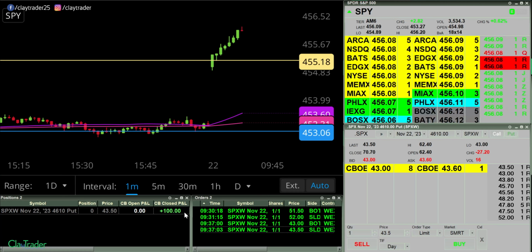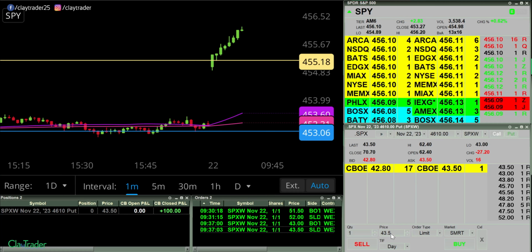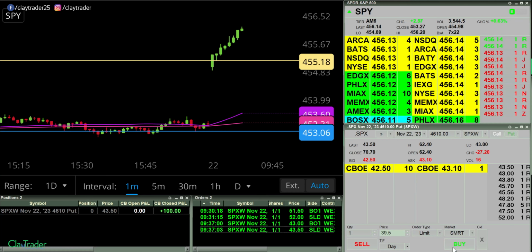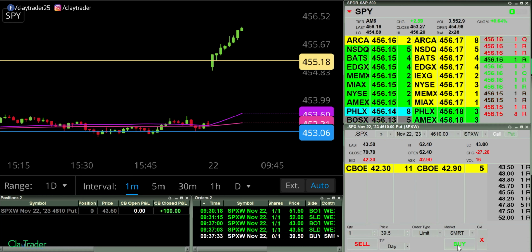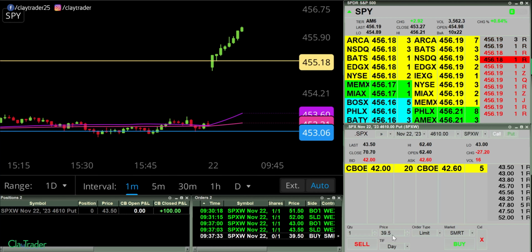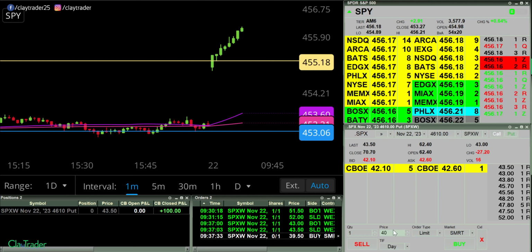And out for another $50. Go to 39.50 now, if this upwards move wants to continue for another put. I will go ahead and pause.